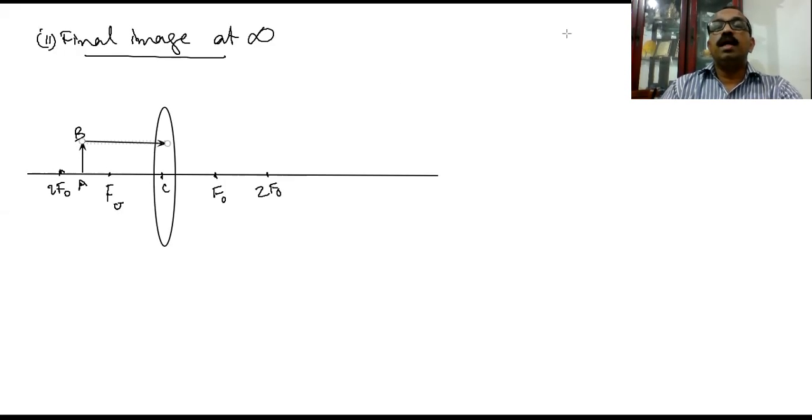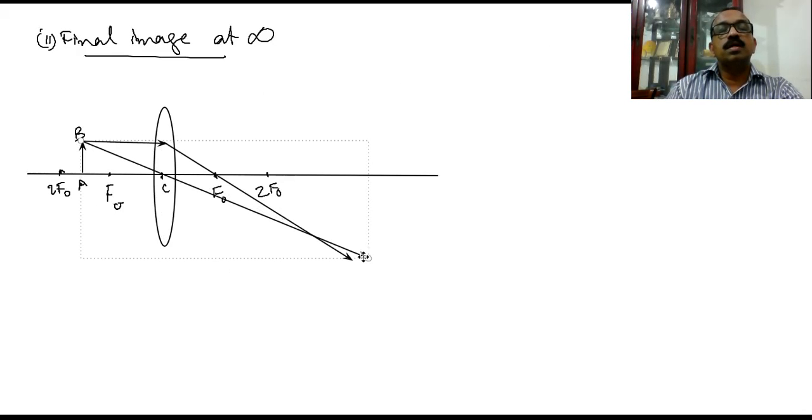All right, a ray parallel, after refraction, will pass through the focus. Another ray through the optic center. Okay, it's meeting at beyond 2F. So this part till here we drew in the last case also, but from this onwards there should be a change.